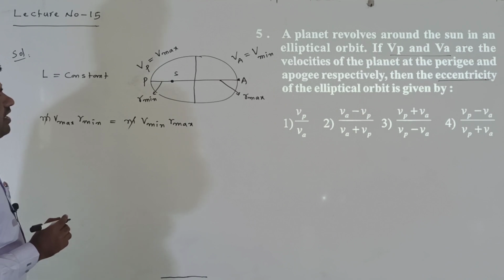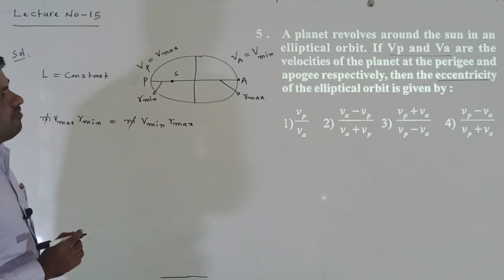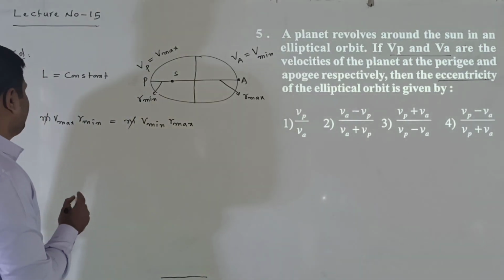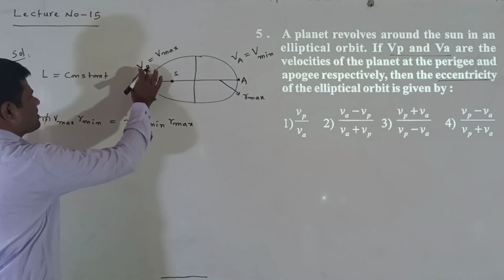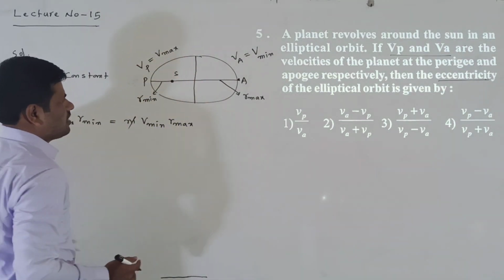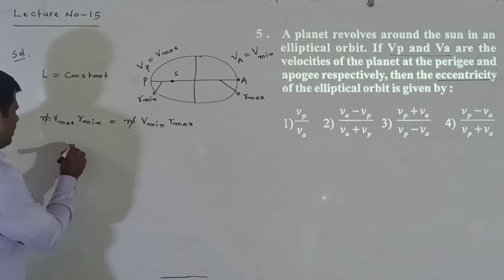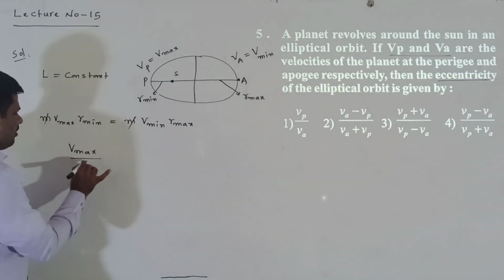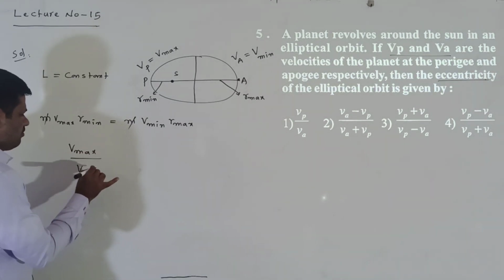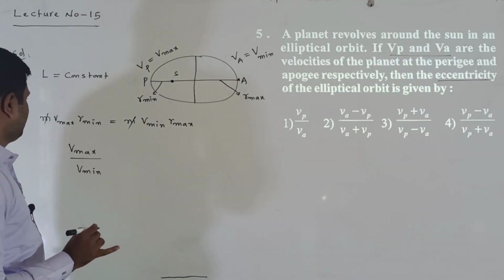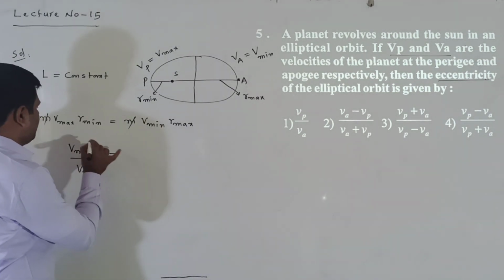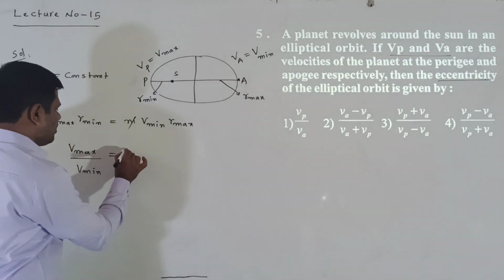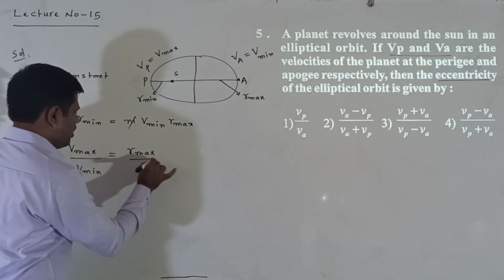From this I want to find the ratio Vp by Va. V maximum is called Vp, and V minimum is called Va. So V maximum by V minimum is equal to R maximum by R minimum.